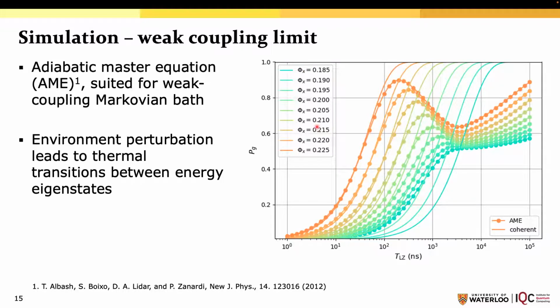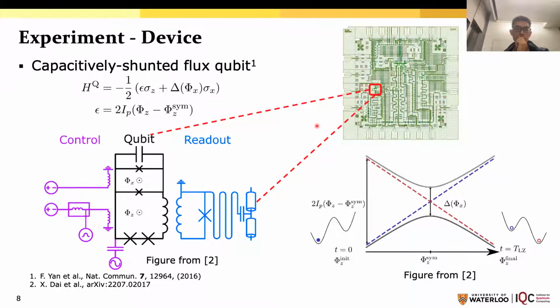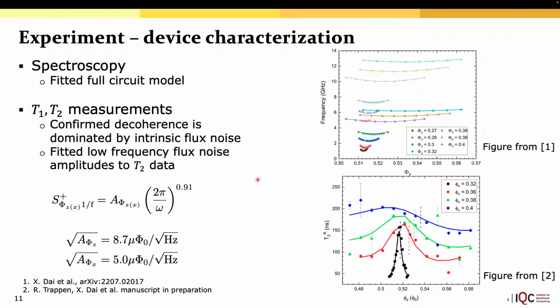I see. And you chose the power of the spectral density, which was 0.9 or something? Yes, 0.91, sorry. So this is the 1/f like noise.